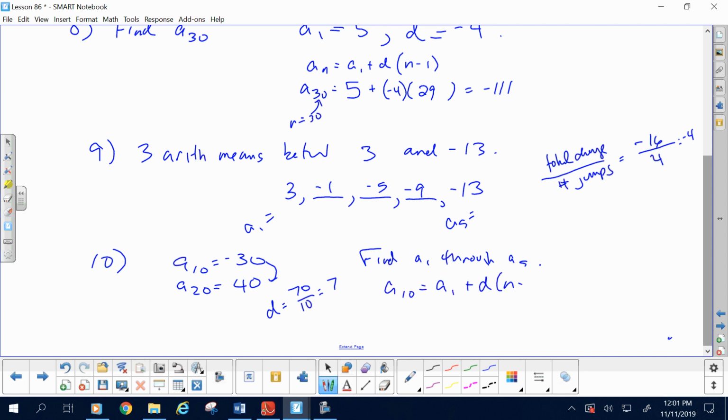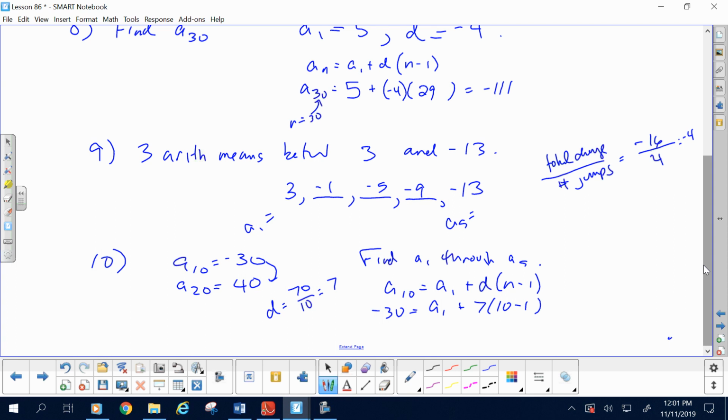Okay, do you agree that the 10th term can be found by the formula? All right. Now, I know the 10th term is negative 30. I want to find the first term, so I'm going to call that A1, yeah? The common difference each time is 7, and the 10th term would be after 9 jumps.